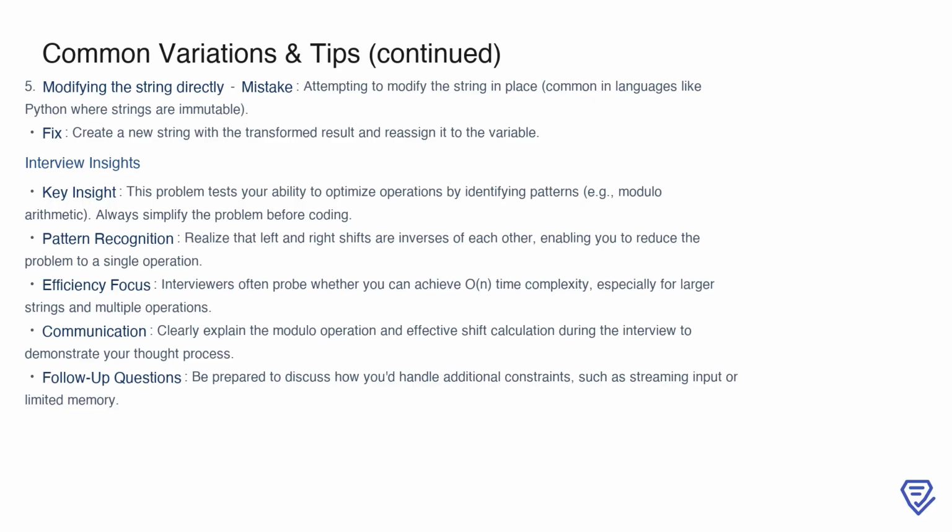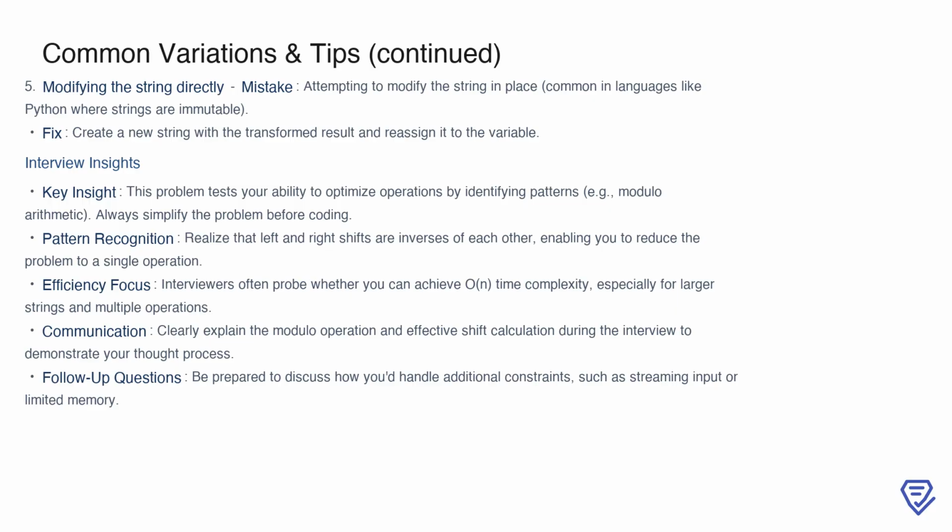From an interview perspective, this problem evaluates your ability to optimize by identifying patterns, like how modulo arithmetic simplifies the shift calculation. A key realization is that left and right shifts are inverses of each other, which allows you to reduce the problem to a single operation. Efficiency is another focus area, as interviewers often expect a solution with O(n) time complexity for larger inputs or multiple operations.